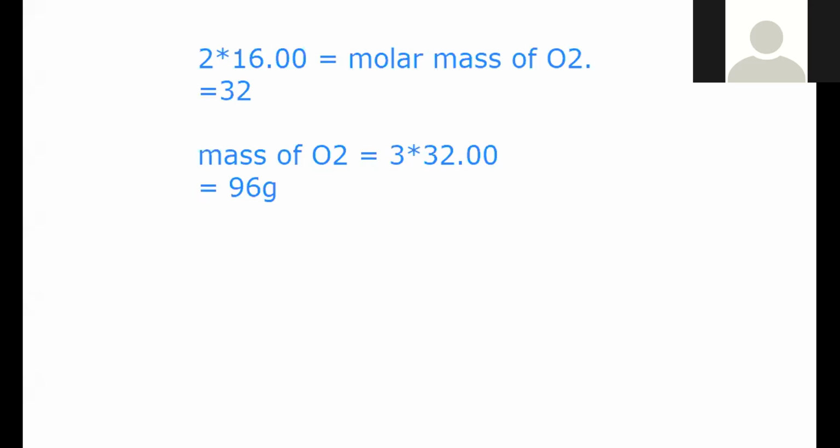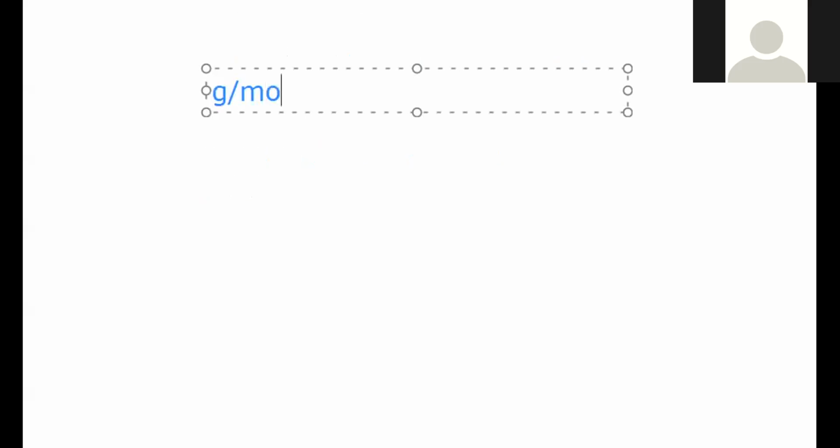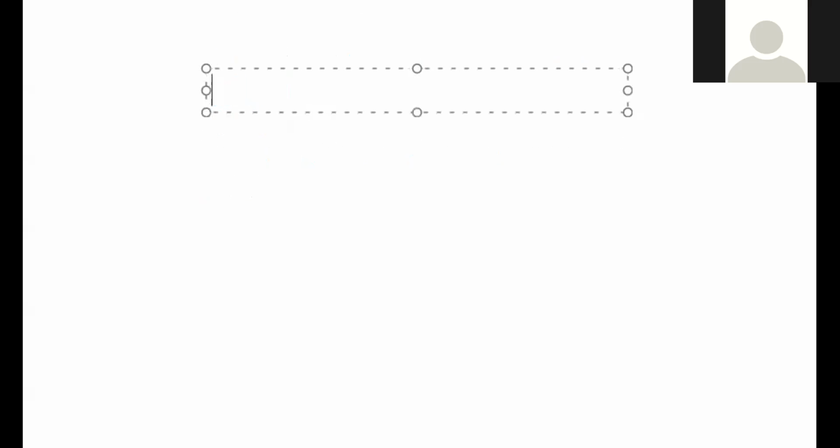So, things we need to remember. We have 1 kilogram. If we look at the molar masses in the periodic table, they are in grams per mole. They're not in kilograms per mole. So we have to convert 1 kilogram to 1,000 grams.